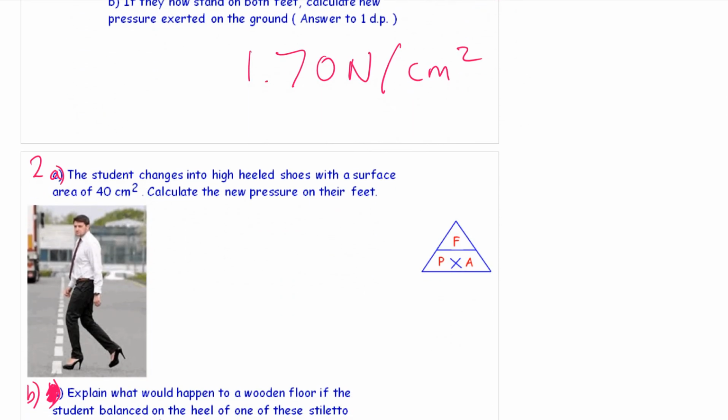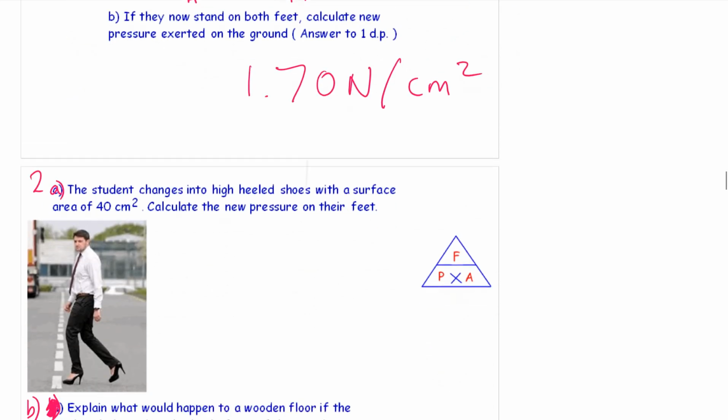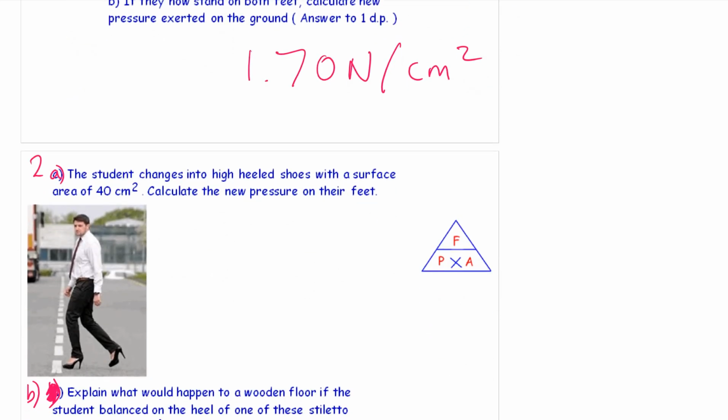Student changes into high-heeled shoes. Calculate the new pressure. It's force divided by area. It's the same force, 700 divided by 40. Pressure's gone right up, 17.5 newtons per centimetre squared.